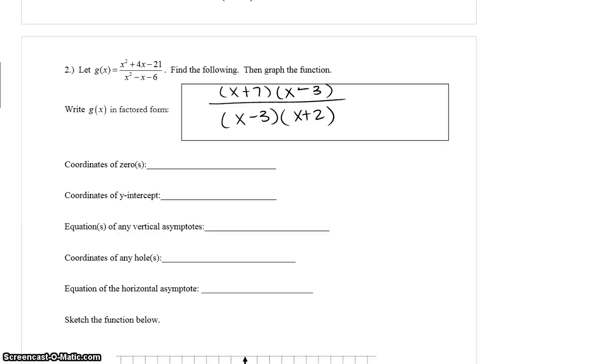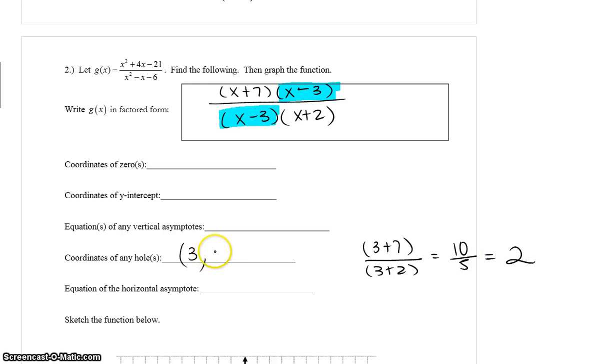The first thing we see here is that we've got a hole at x minus 3. So to find the y value of our hole, we plug it into the remaining parts of the function. So we have 3 plus 7 over 3 plus 2, which is 10 over 5, which is 2. So our hole is at 3, 2.